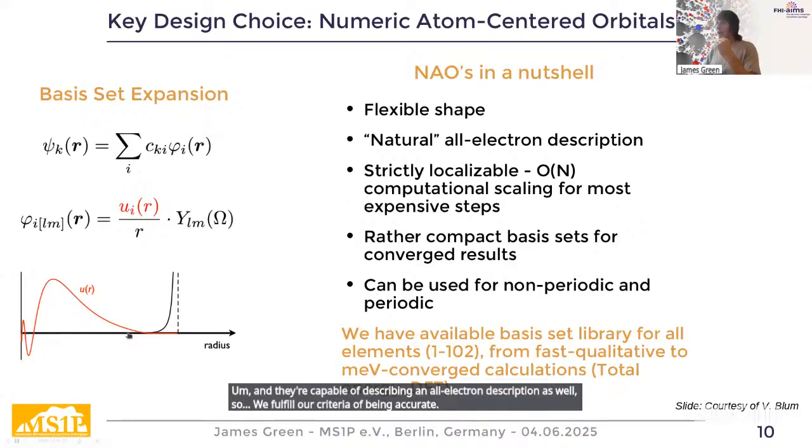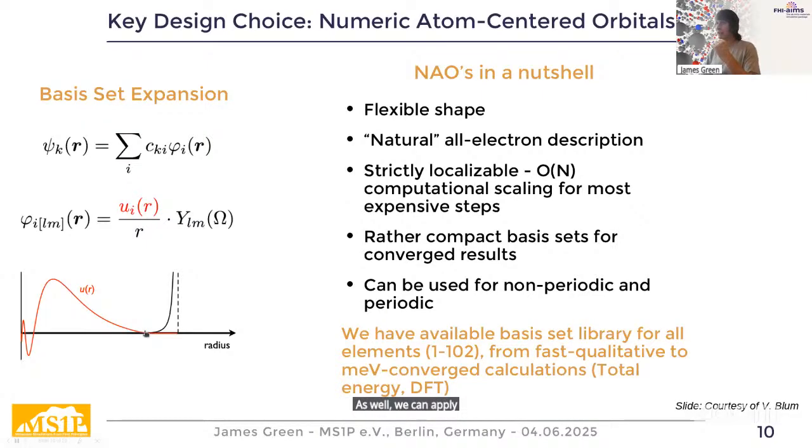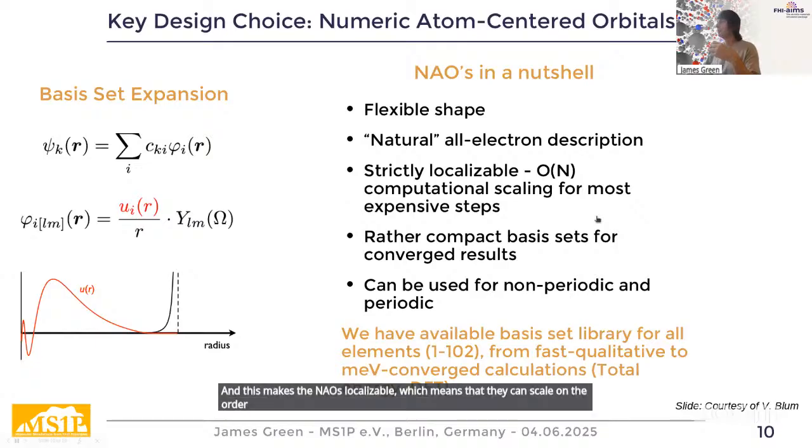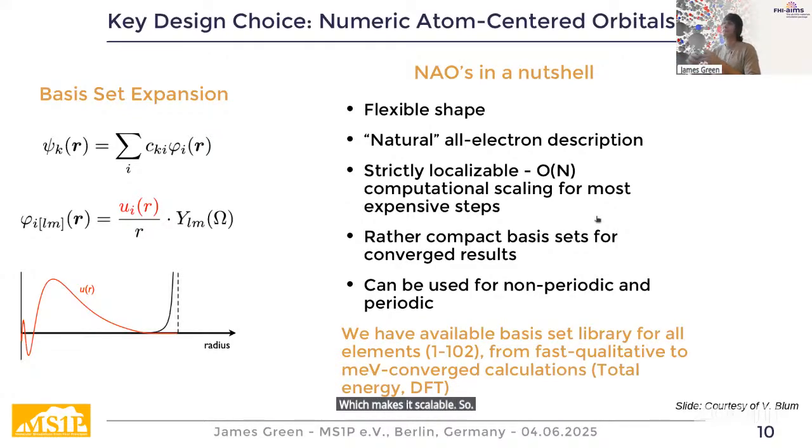As well, we can apply a cutoff potential, shown by this black line here, which ensures our radial function is 0 beyond this dotted line here. And this makes the NAOs localizable, which means that they can scale on the order N for most of the computationally expensive steps of the calculation, which makes it scalable. So that's the second point.